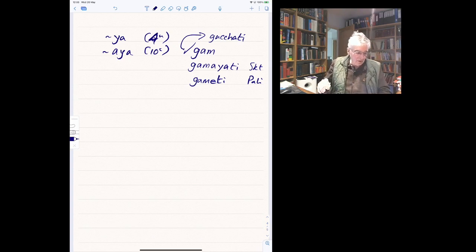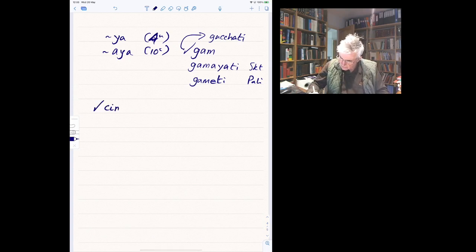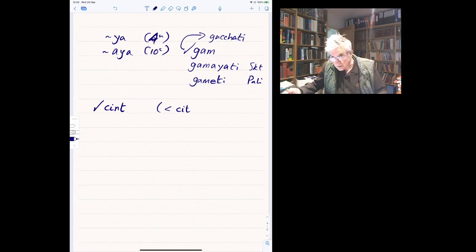So we will look now at this root that's given here, the one meaning to think or contemplate, and that is chint. Now this actually derives from a much more primitive root, chit, which we have in chitta, one's mind. So chint is a secondary formation from that root.